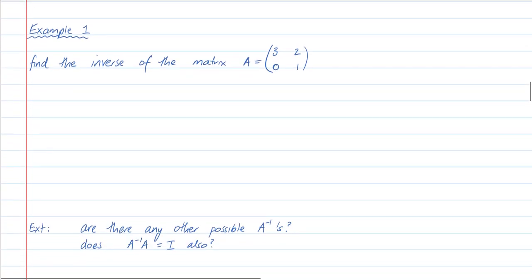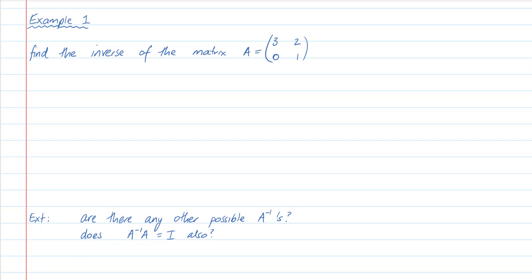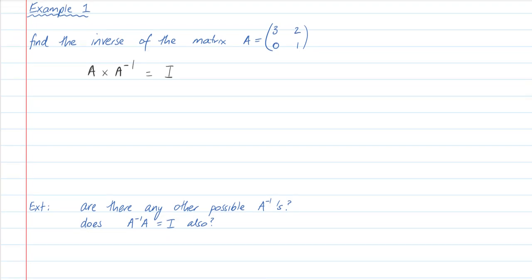So find the inverse of matrix A, 3201. Well, I know that A times A inverse is equal to I. Now I know A and I know I. So therefore A inverse must be the matrix that allows us to get I. I don't know A inverse, so I'm going to call A inverse A, B, C, D. The problem I have is that I can't just divide by A. You know, like the old, 7 times what equals 21?